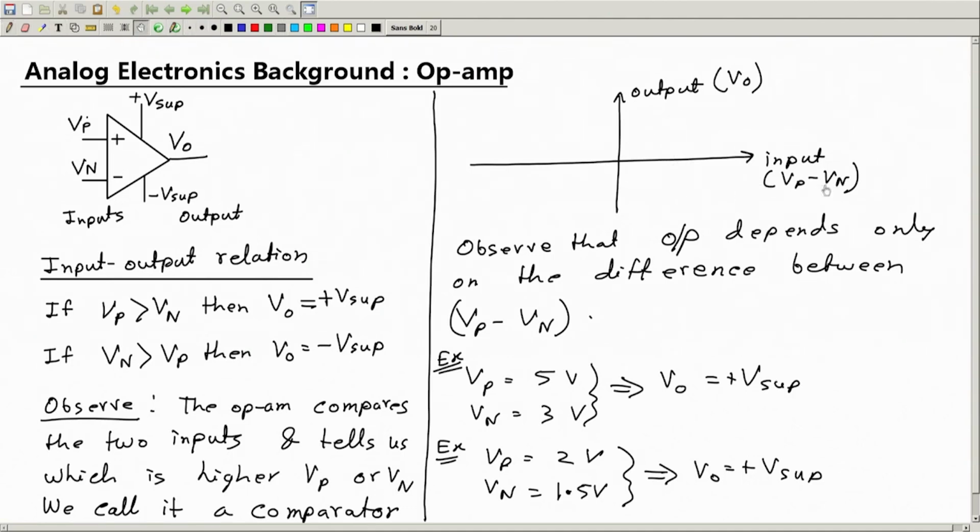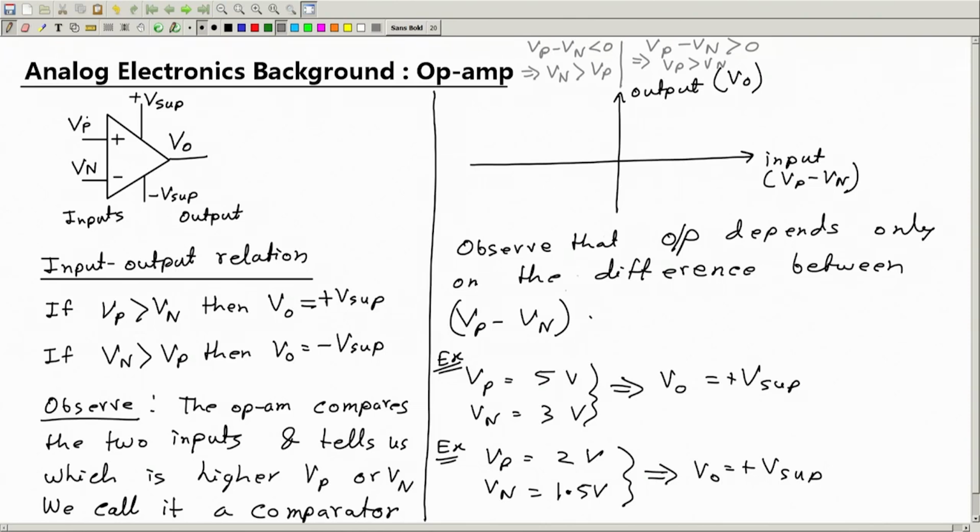VP minus VN is greater than 0. So on this side, right side, we have VP minus VN greater than 0, and on this side we have VP minus VN less than 0. This implies VP is greater than VN, and this implies VN is greater than VP.